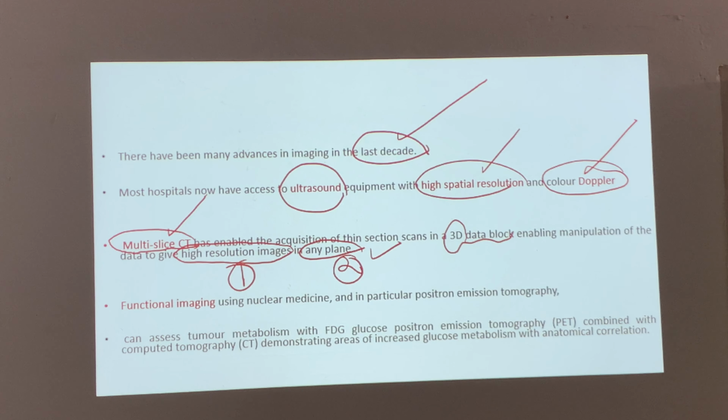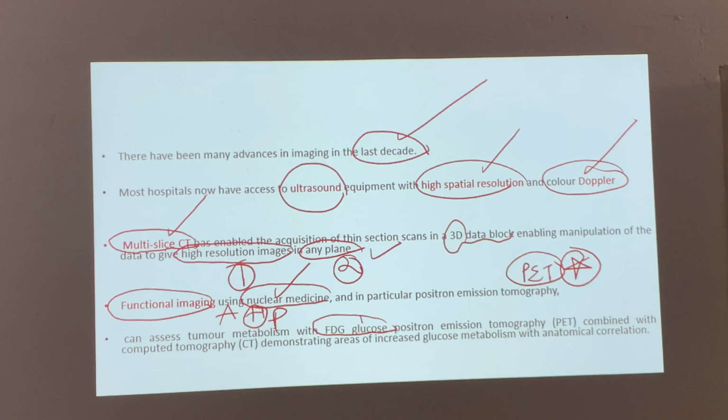Other important aspects are functional imaging, which not only helps us in understanding the anatomy but also the physiology. Anatomy plus physiology, you can keep it in mind as a concept. It is with the help of nuclear medicine, especially these PET scans. Positron emission tomographies are the most important, which use the metabolism of FDG glucose, FDG PET scans.